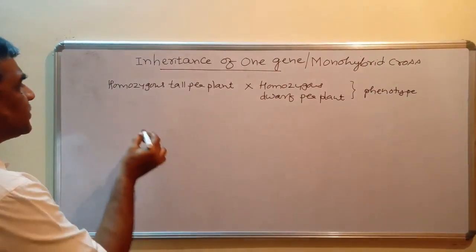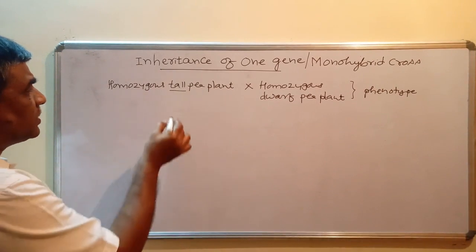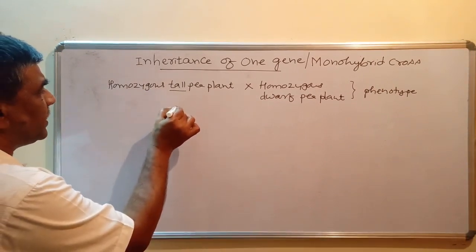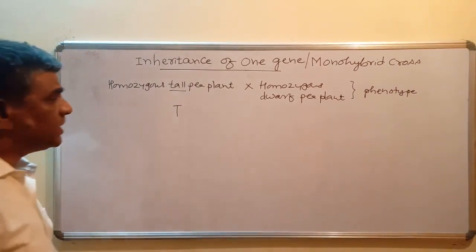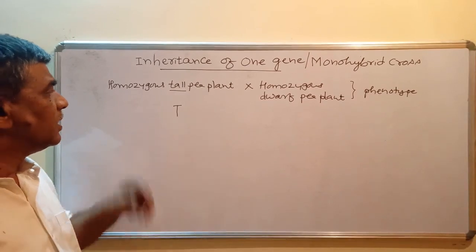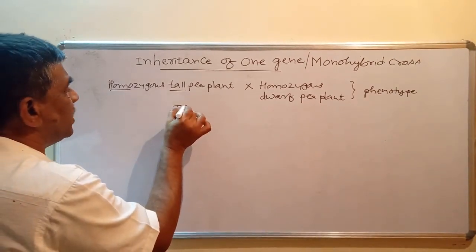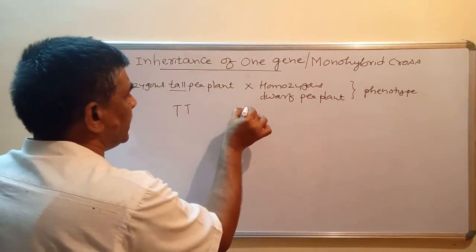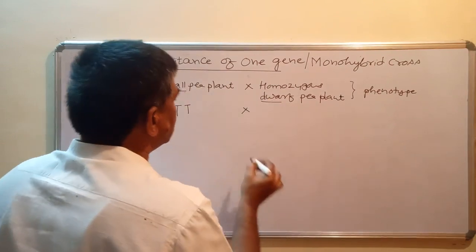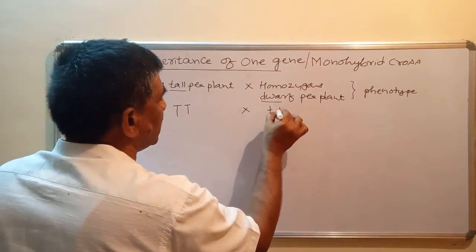So we have to take its genotype. For tall, we can take any alphabet, but we can take an appropriate alphabet, capital T. Tall is dominant over dwarf, so that dominant characteristic can be represented by a capital letter. Since it is homozygous, we have to take both capital T, and for the dwarf characteristic, we have to take genotypes like small t and small t.